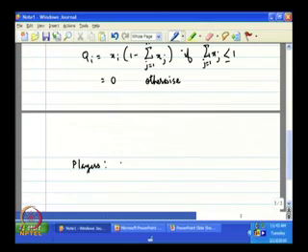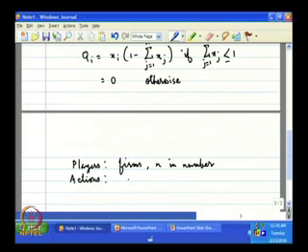The players are the firms, n in number. The actions are the resource used, given by xi. xi is always less than or equal to 1 and greater than or equal to 0.